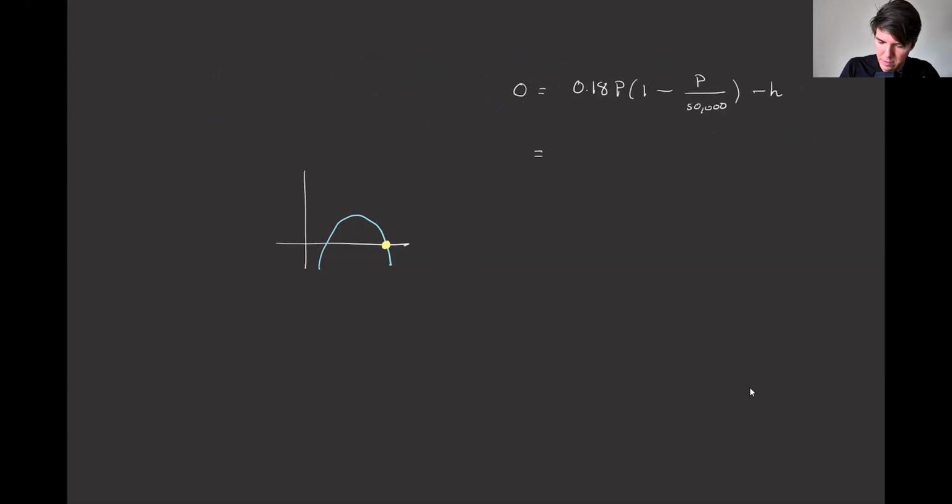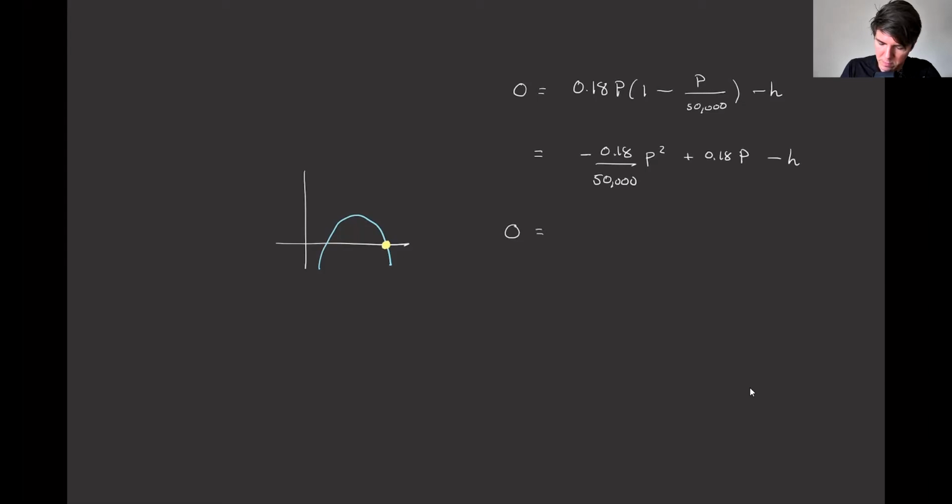We go through, and I think we get something that looks like this: negative 0.18 over 50,000 times p squared plus 0.18 p, and then just minus h. Now, if you like, you can do a little bit of algebraic manipulation. You can multiply by 50,000 over negative 0.18.